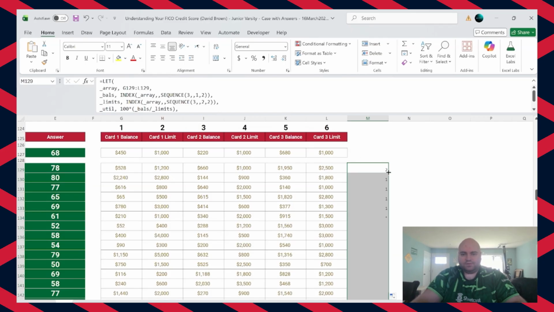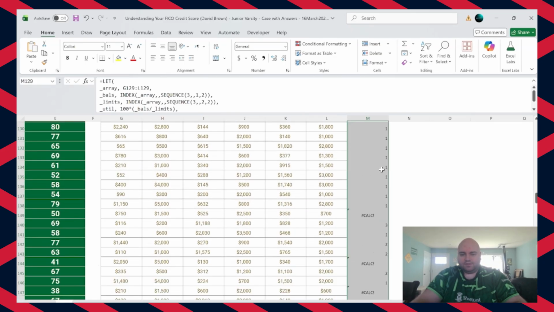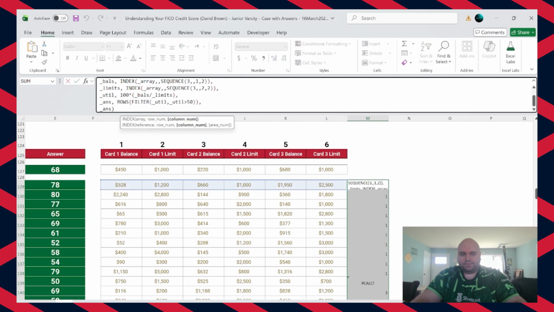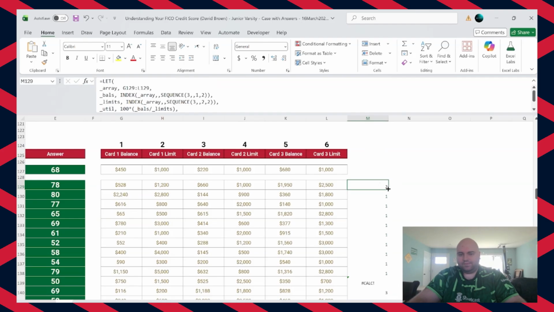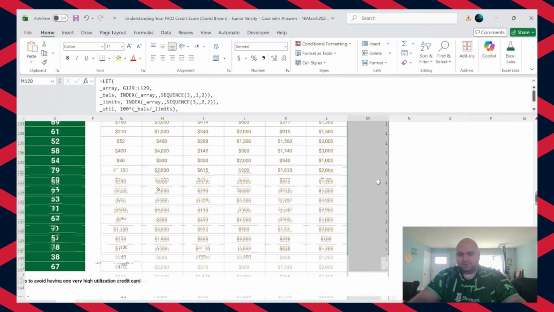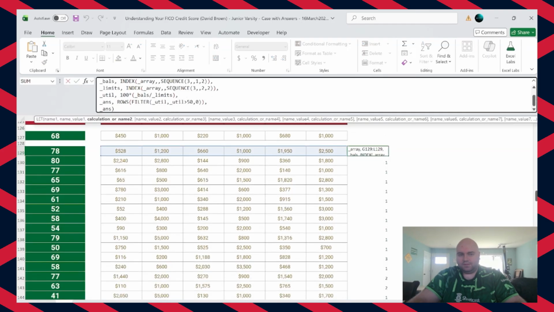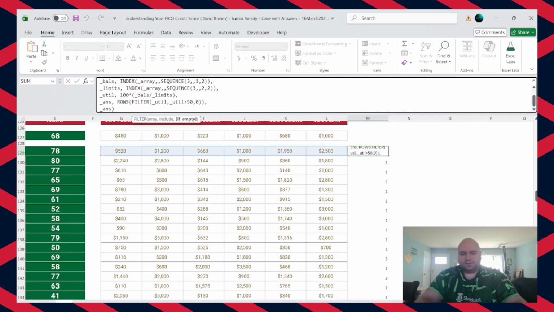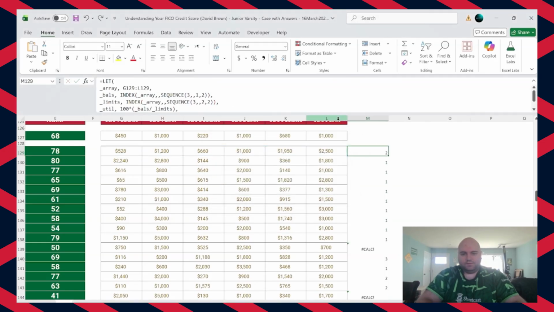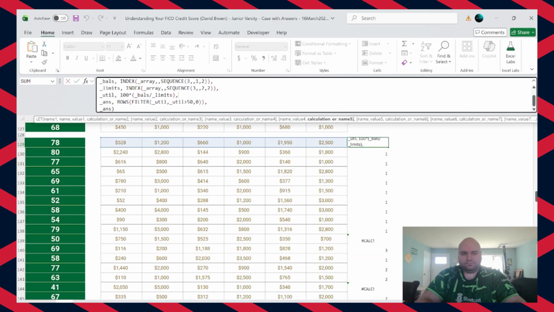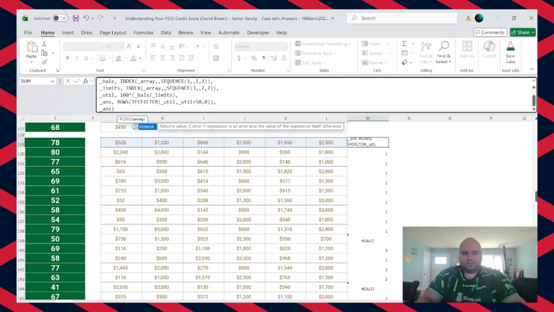Many struggles with that. We can add an if empty 0 for posterity. That's not good. I don't want that. Oh, interesting. Okay, let's have that not be there and instead wrap this in an if error.